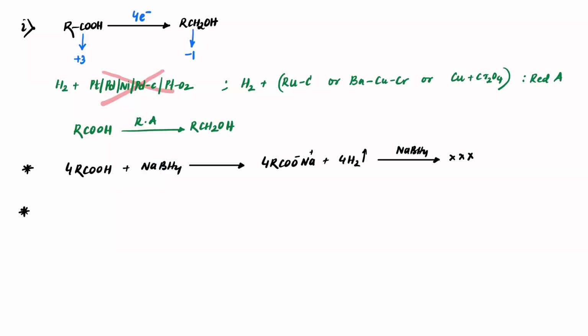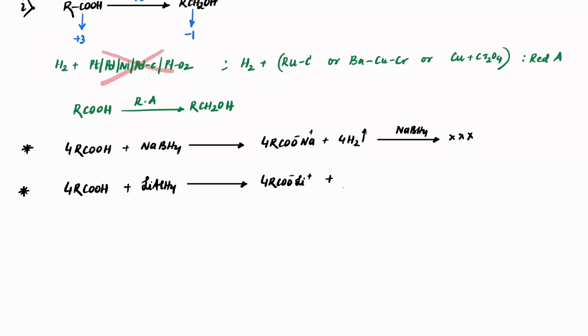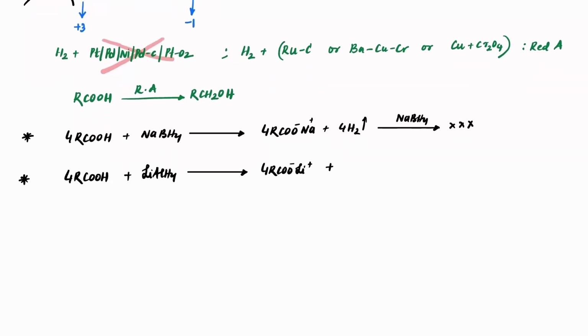Okay, next, if I take 4 moles of acid and react with lithium aluminum hydride, then definitely here an acid base reaction will happen first, RCOO minus Li plus and Al plus 3 also.